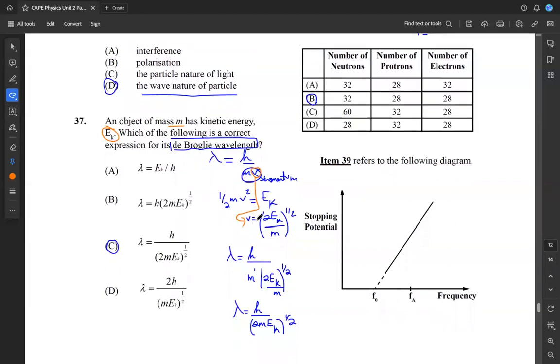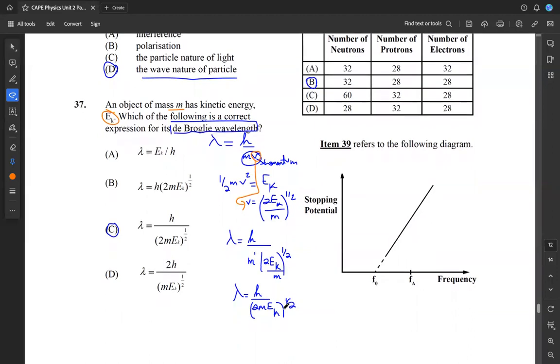So I literally then take this v and I say the de Broglie wavelength, lambda, is equal to h over m, so the mass, times the velocity that we just got. So that's mass raised to the power of 1. Multiply that by this velocity that we got from our kinetic energy expression. So I plug that in here and I get m times this term, which represents v.